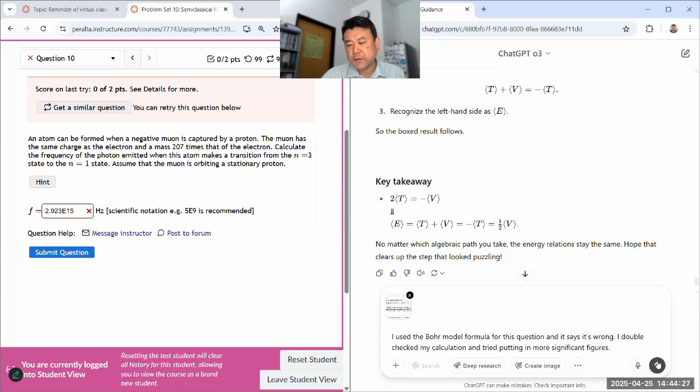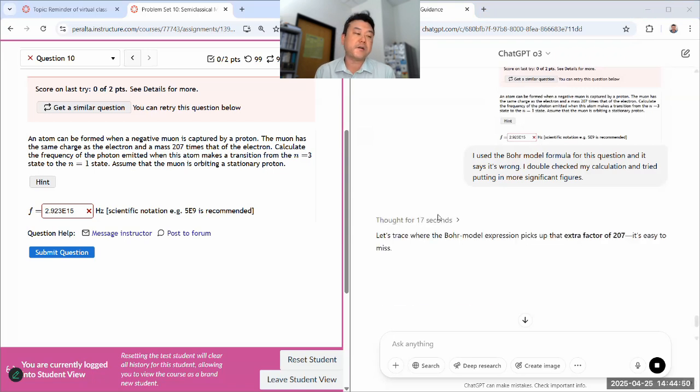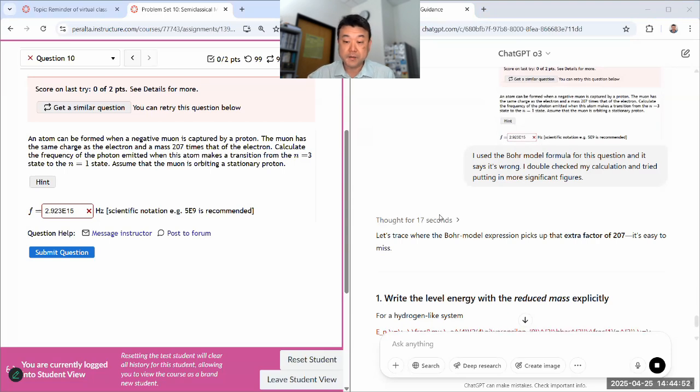Because you have to basically go to the analytical expression for the Bohr energy formulas and replace the electron mass with the muon mass, or 207 times the electron mass. Or, if you get the Bohr energy formula, you can use a scaling relationship. Let me see if ChatGPT will give me the energy formula.